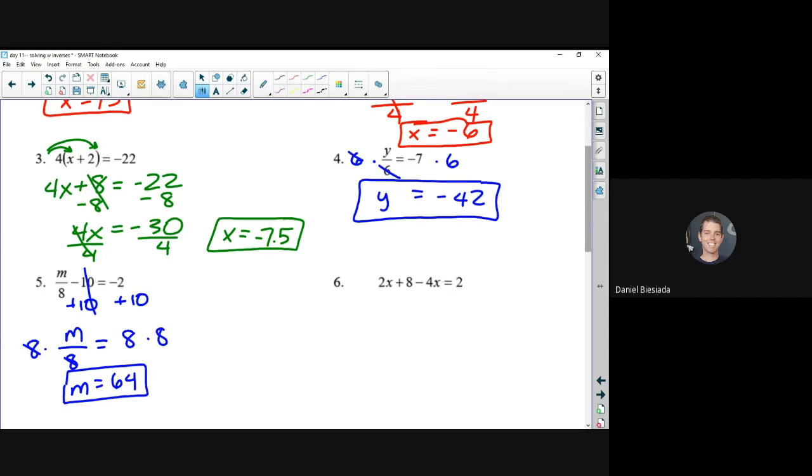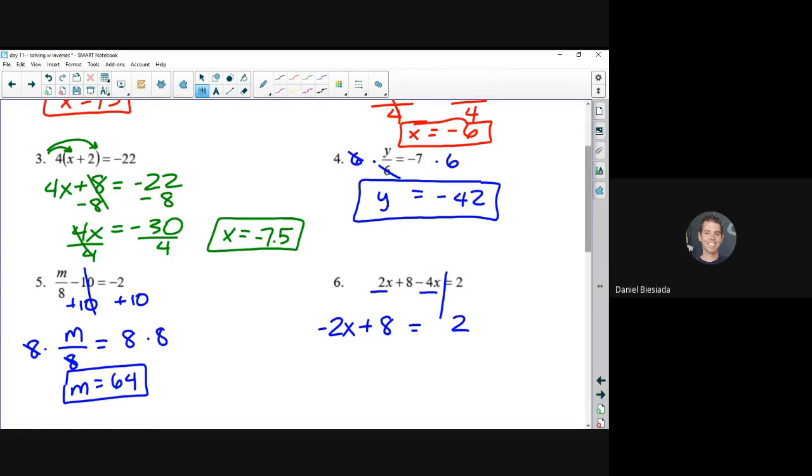In our final problem here, number 6, we have something a little bit different. We have a few terms on the left-hand side of this equation that are combinable. Always look for that first before we start doing inverse operations. I've got a 2x minus a 4x. That combines to give me negative 2x. Negative 2x plus 8 equals 2. And now I can use those inverse operations.